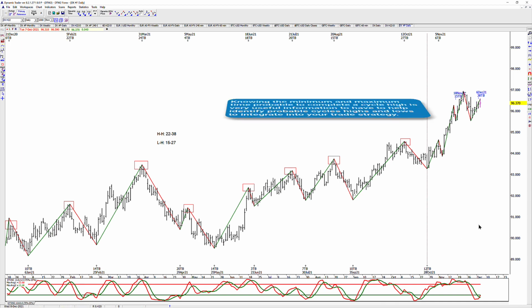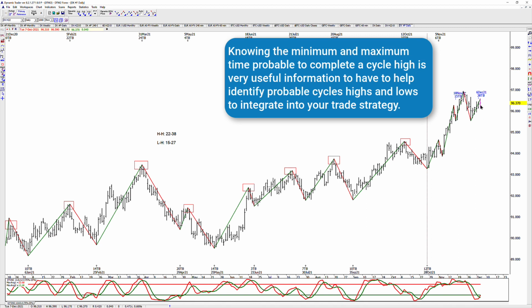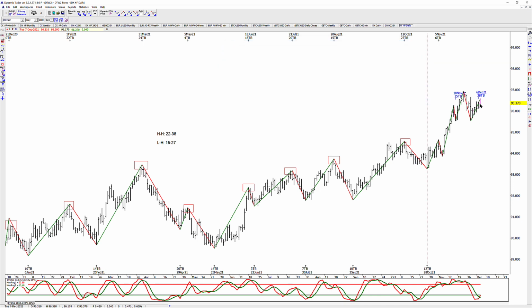As of this day, and boy, this can be pretty useful itself, as of this bar on the chart, we can say more than likely the dollar has completed a high similar to these highs, comparable to these highs, and so we would want to be oriented to the short side at this point, and at least not be going long until we reached a point where we would then do the same technique, but look for the time band for the next probable low in the market. So a really useful technique and really simple to do.